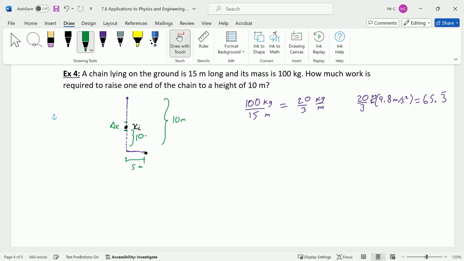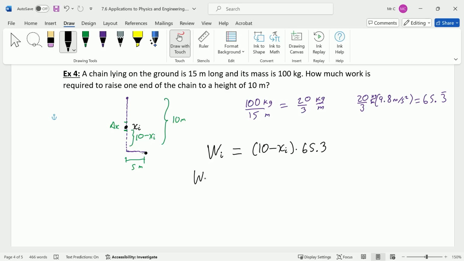Well, it's 10 minus x sub I. So that's how far I had to lift that little segment of chain up. And so, in other words, the little portion of work here that we've done lifting up one segment is 10 minus x sub I times that 65.3. And I'm going to go ahead and just leave it 65.3 and not bother putting the repeating.